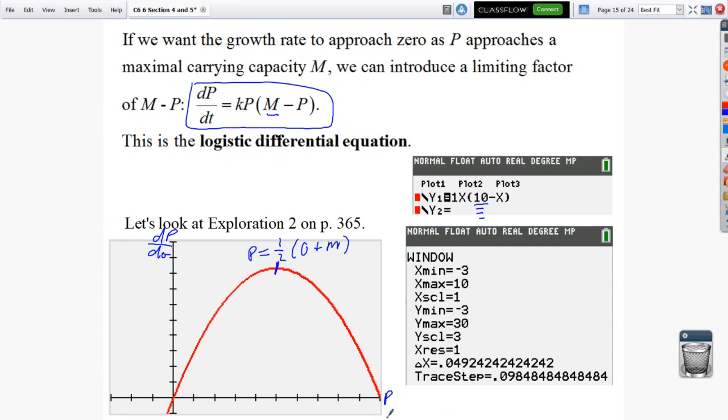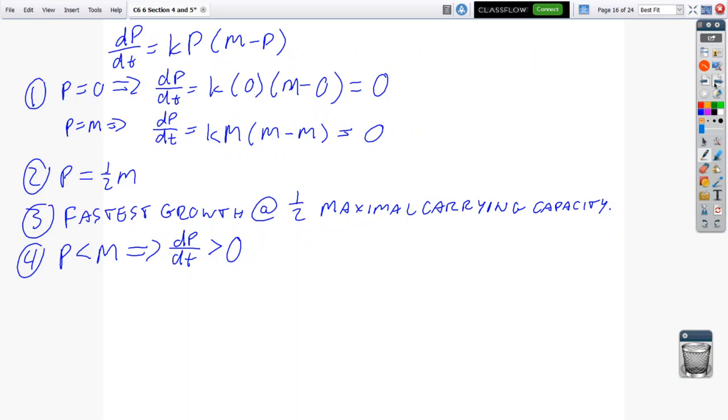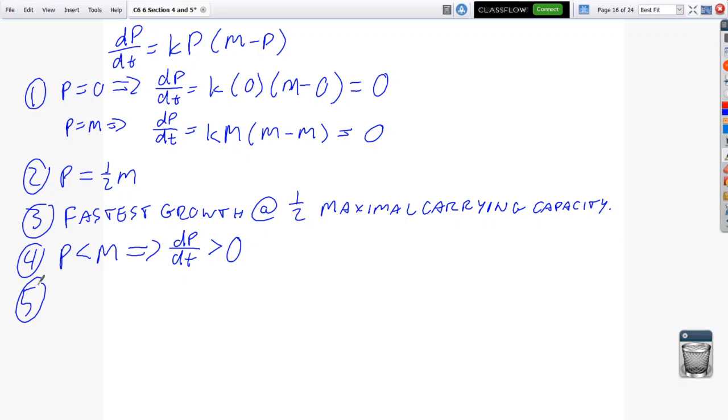Following our rate curve here, it looks like that parabola is extending below the x-axis. So if we start out with a population above the maximal carrying capacity, our growth rate is going to be negative.